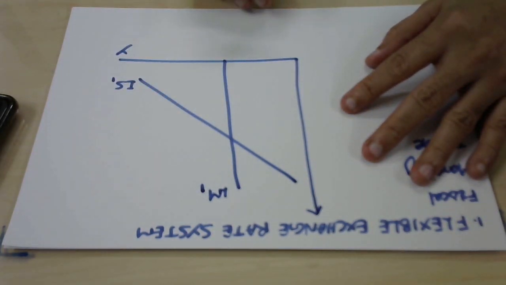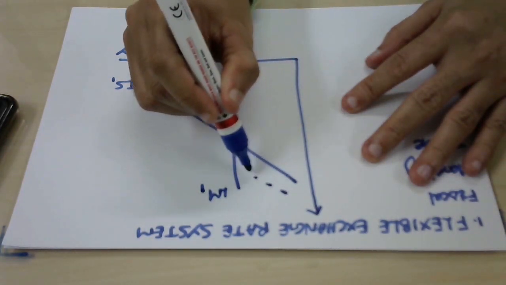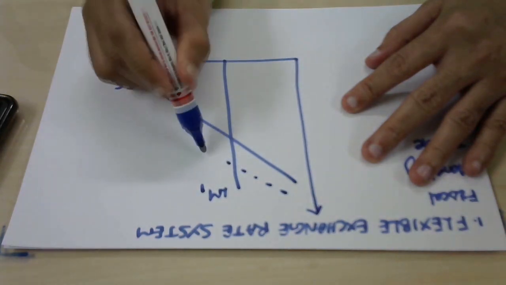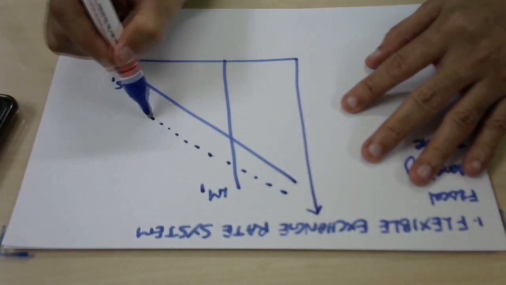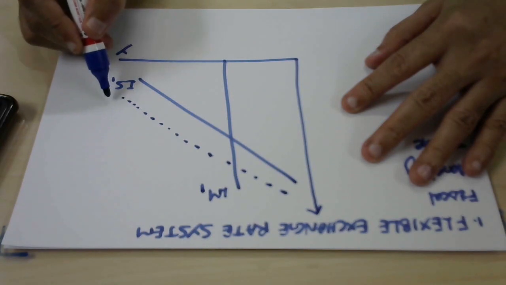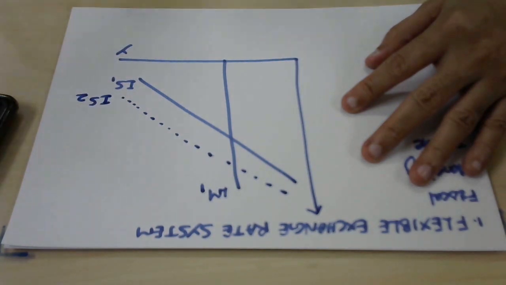Now when government spending increases, or suppose there is an expansionary fiscal policy, the IS curve will shift to the right to IS2. That means now what will happen is, is this policy effective?